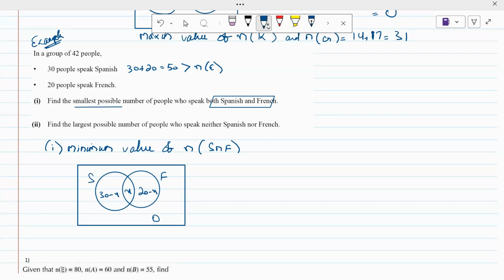The equation to be made would be 30 minus x plus x plus 20 minus x is equal to 42. Minus x plus x cancel. 30 plus 20, that's 50. Minus x is equal to 42. And we get x as 8. So 8 is the minimum value of intersection.